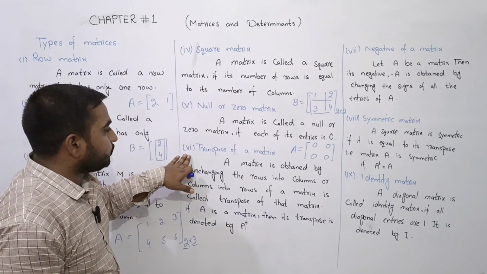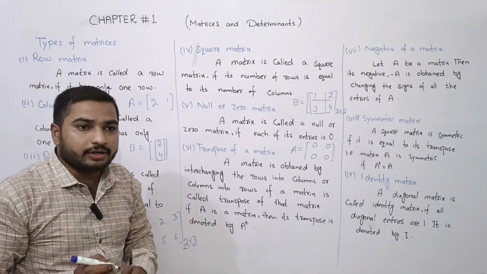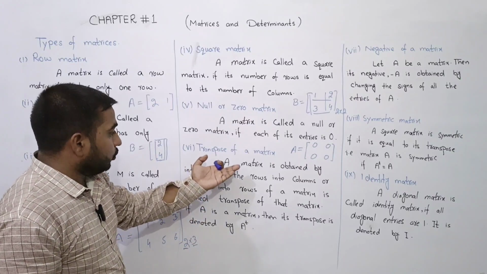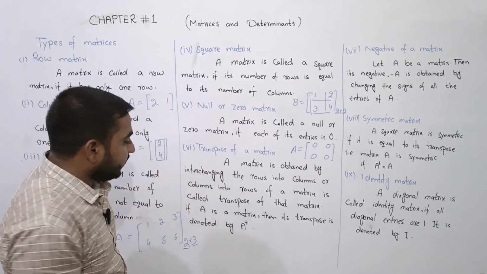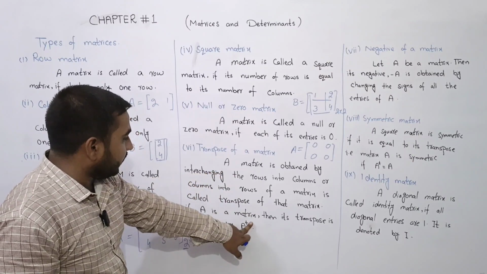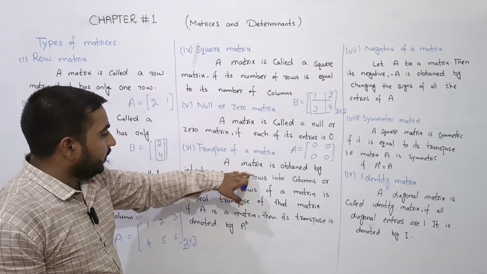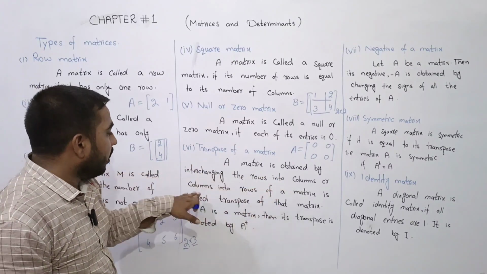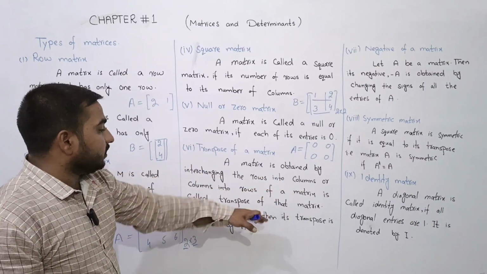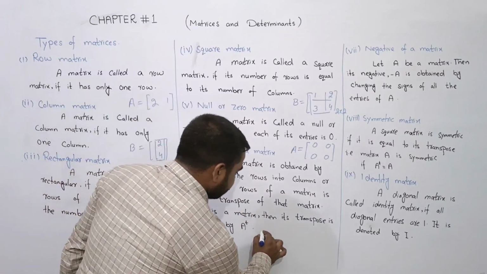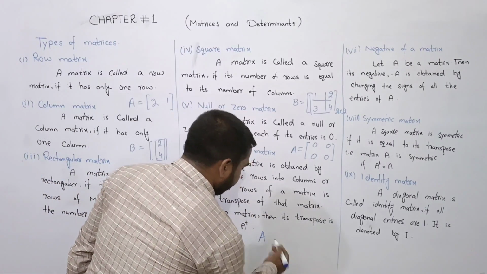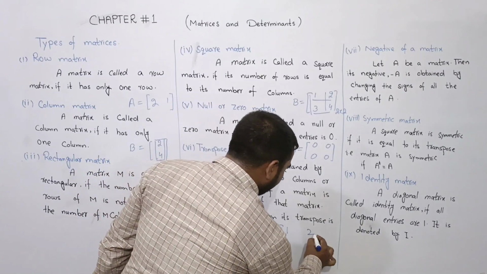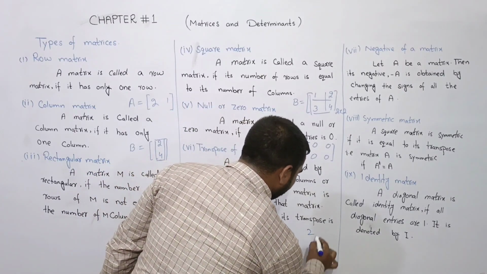Sixth one is transpose of a matrix. How do we take the transpose of a matrix? The transpose of a matrix is written as A T. It is obtained by interchanging the rows into the columns or columns into the rows. This type of matrix is known as the transpose of a matrix. For example, we have A equal to 1, 2, 3 and 4.